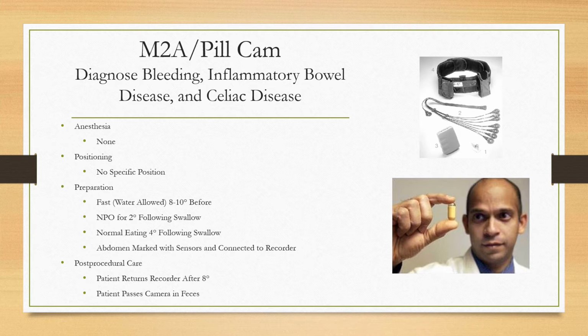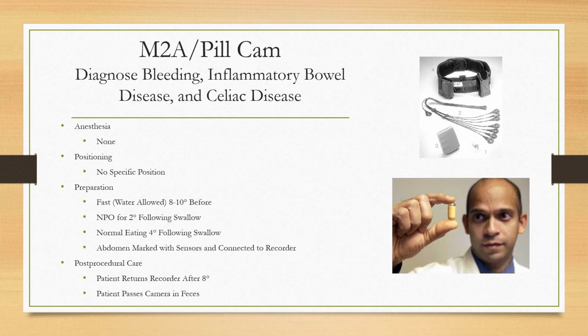And it's looking for any disease process in the small intestine, whether we're looking for bleeding or inflammatory bowel disease such as Crohn's disease, or sometimes even celiac disease, which is a small intestine disease, right? So we're just getting direct visualization of the small intestine wall.